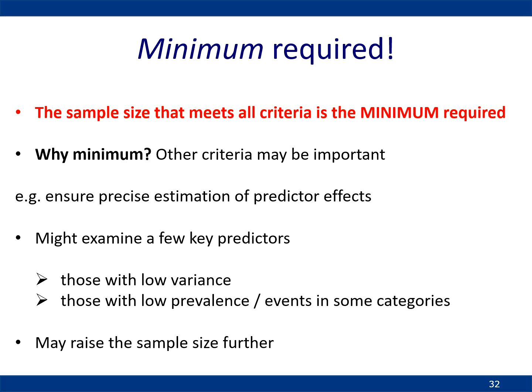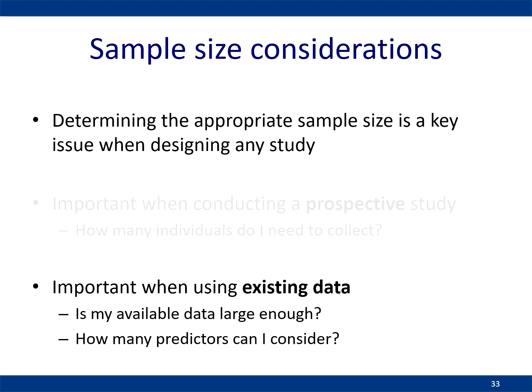So for example, we might be interested in examining a few key predictors, potentially those with a low variance or low prevalence, or events in particular categories. Those ones might require a larger sample size to estimate precisely, and this then could inflate the sample size further.